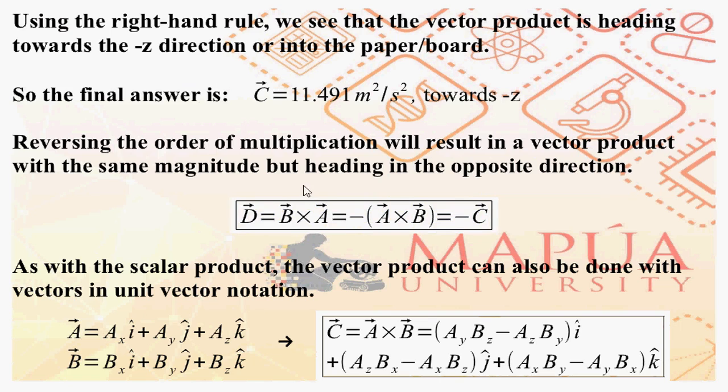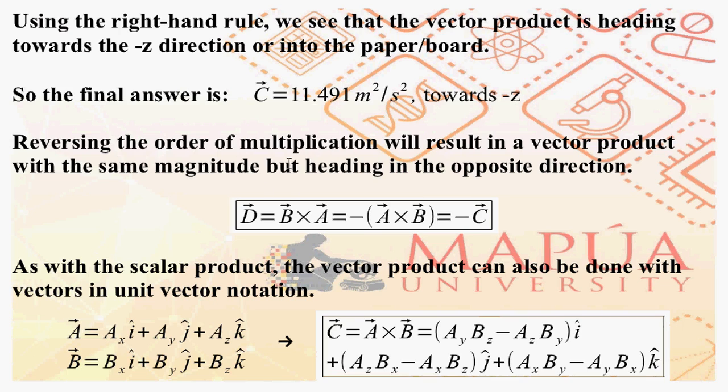If you do it on the screen of your computer, the vector product will be heading towards the negative Z direction, into the board, into the paper, or into the computer screen. So the final answer is vector C is the magnitude that you calculated and the direction that you determined using the right-hand rule. Vector C is equal to 11.491 meters squared per second squared towards negative Z.